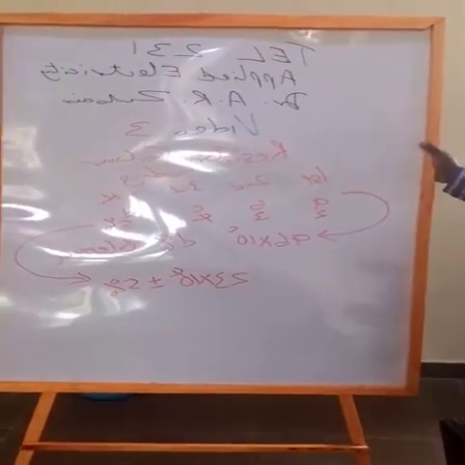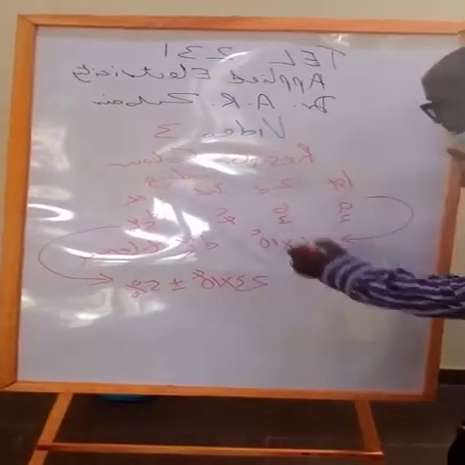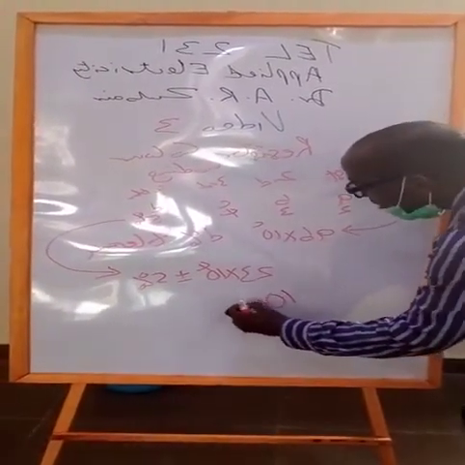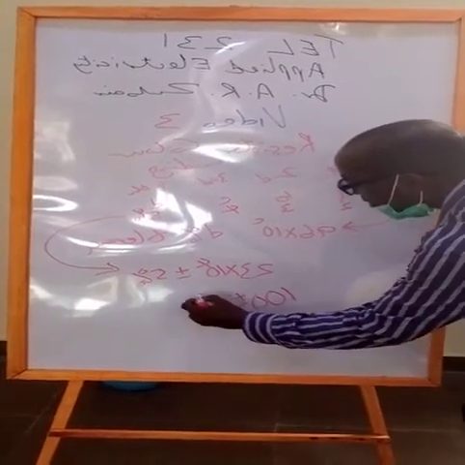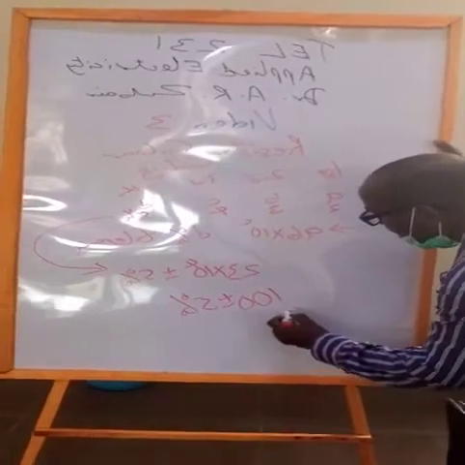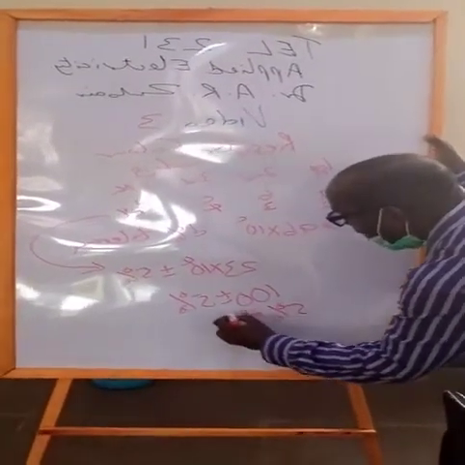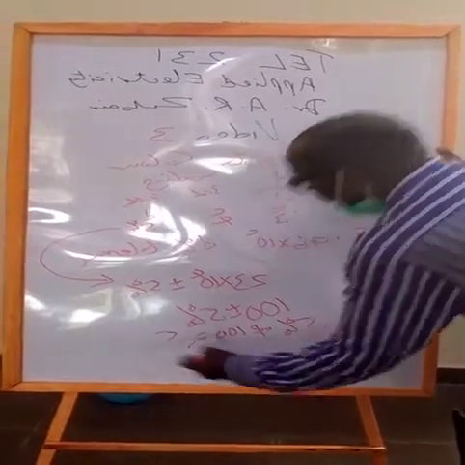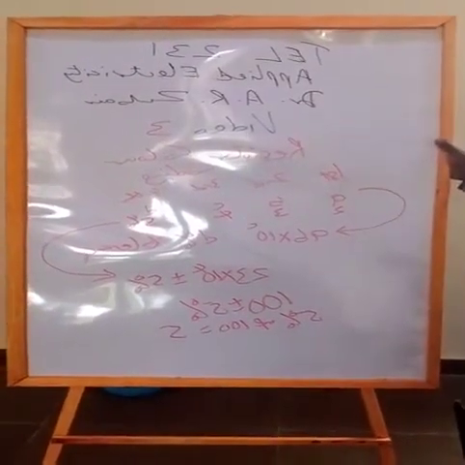What does that mean? Let me give you an example. If this figure is 100 plus or minus 5%, 5% of 100 equals what? Equals 5.